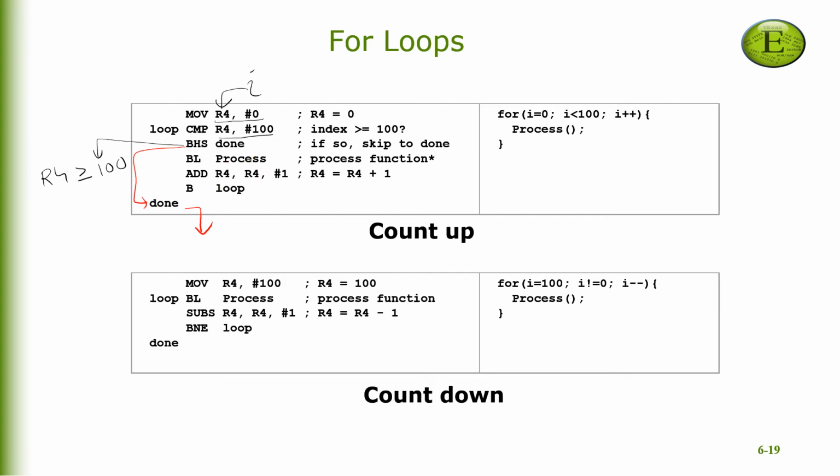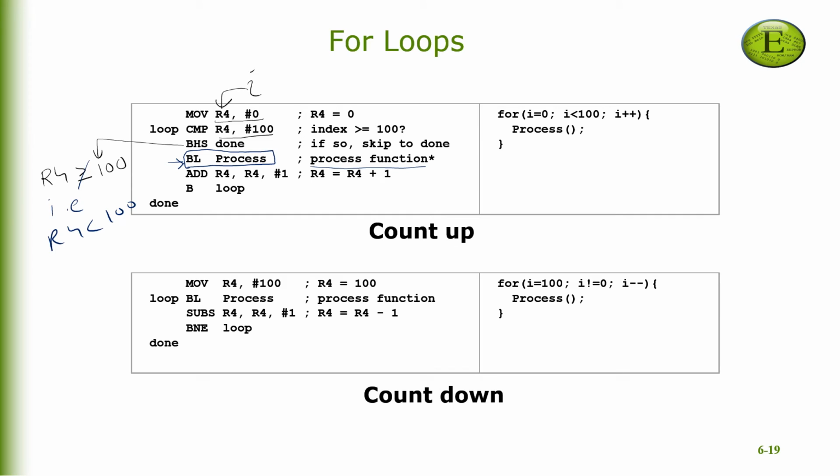Now, if however this condition is false, that is R4 is not higher than 100, that is R4 is less than 100, then we go to the next instruction and execute the routine. Let's just call this routine. We don't need to use subroutine here. So routine process. We jump to an instruction that is going to be the first instruction of the routine, and the label of the instruction is process.